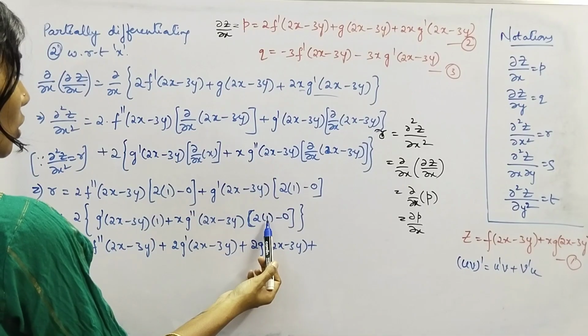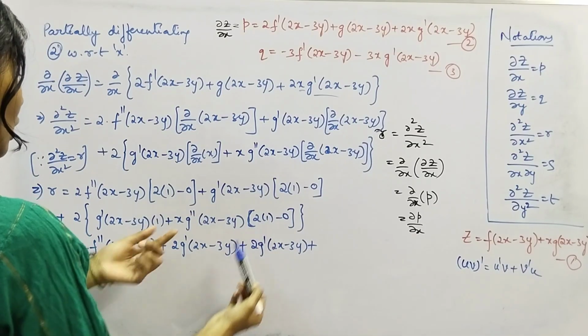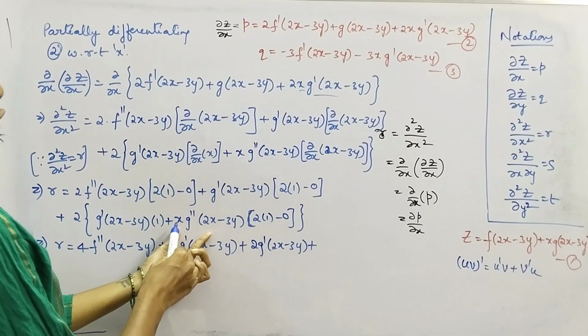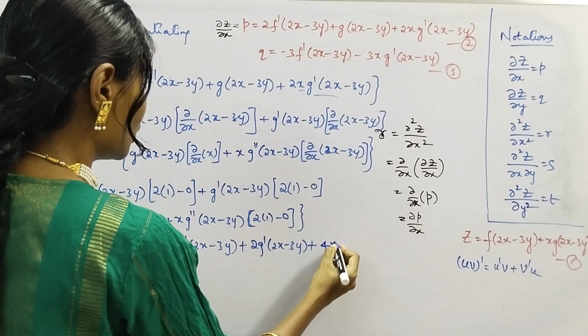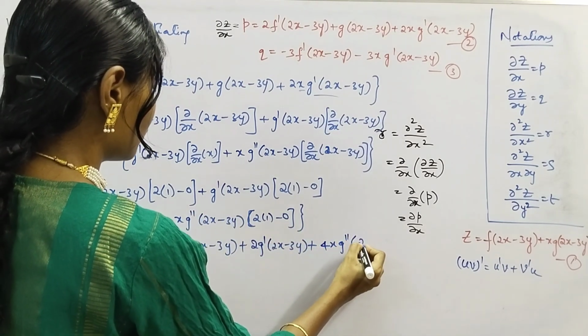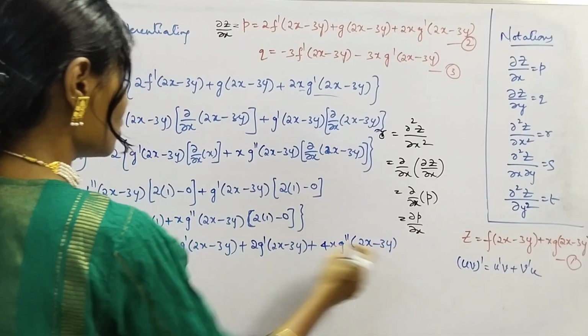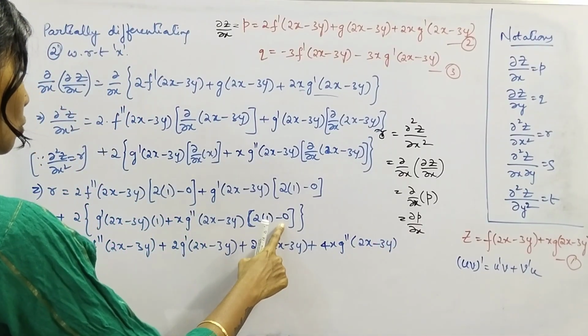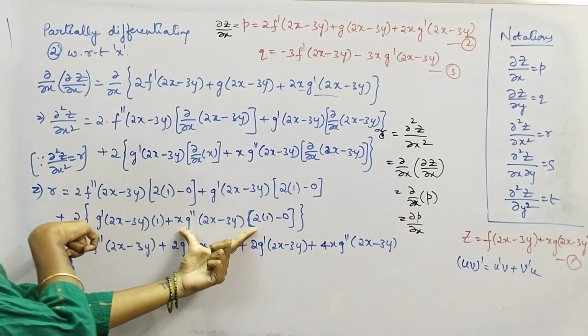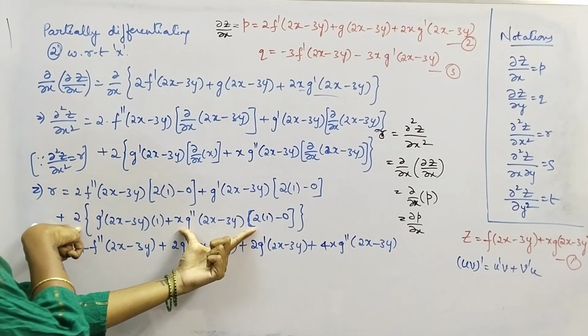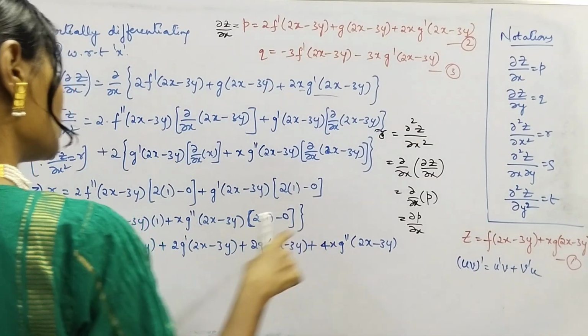Here you're having 2 into 1, 2, 2 minus 0, 2. You'll get 2x g''. 2x g'' into 2 gives 4x g''. See, 2 into 1, 2, 2 minus 0, 2, and this term becomes 2x g'', and 2x g'' into this 2 gives us 4x g'', this term, right?